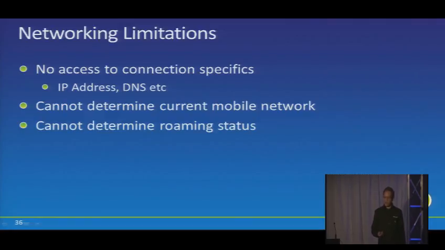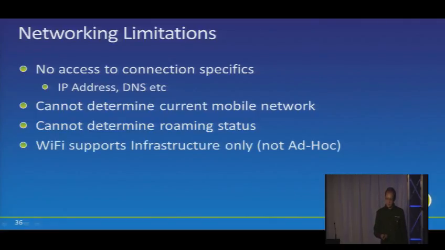Another thing which is quite annoying is you can't tell whether you're roaming or not. The user has the option of enabling or disabling data when they're roaming, but you'll never know whether that was set or not. You'll either get a network, in which case you'll think, oh, hurrah, I have a network, and you might start downloading megabytes of stuff, or the user will have disabled it and you just won't get a network connection of any kind whatsoever.